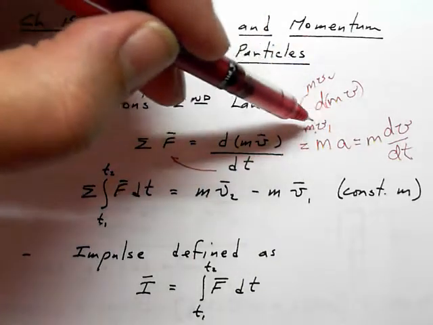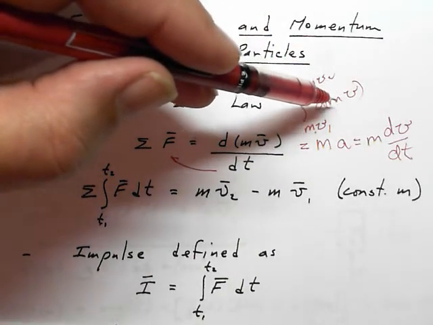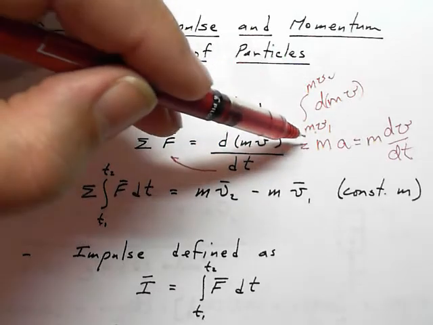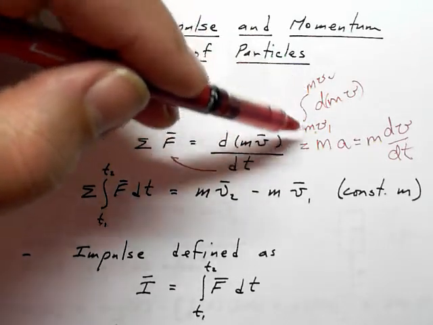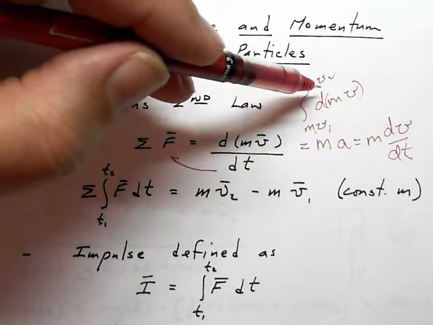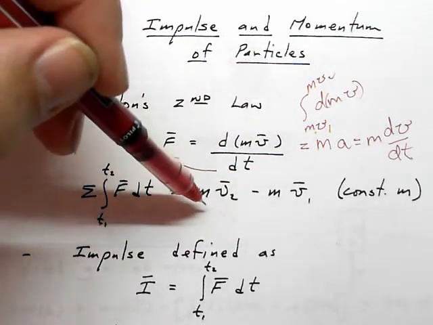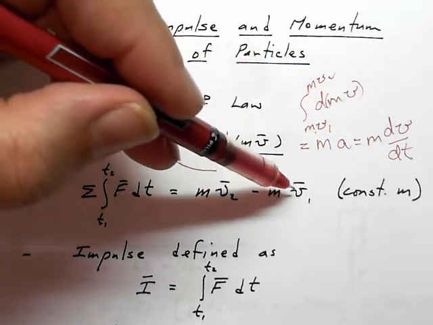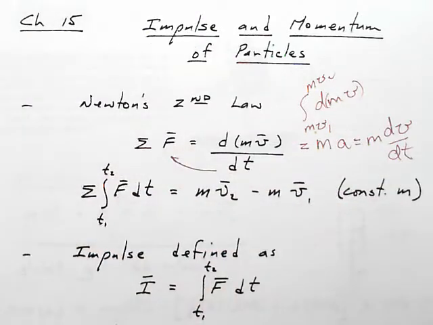Well, the integral of d(mv) is mv, evaluated between mv1 and mv2, and so this just becomes mv2 minus mv1, assuming that mass is constant, which we will for all of the chapter that we'll be working.